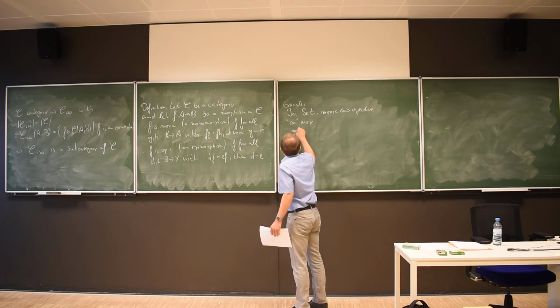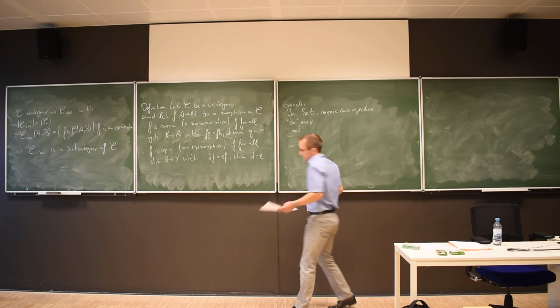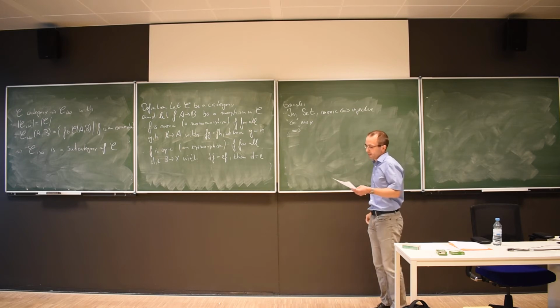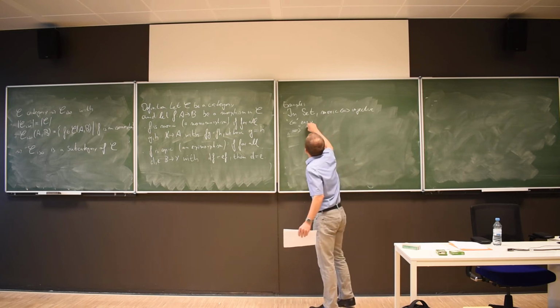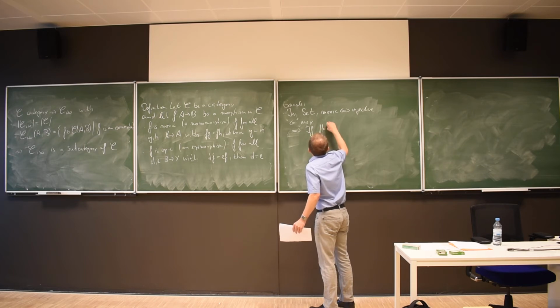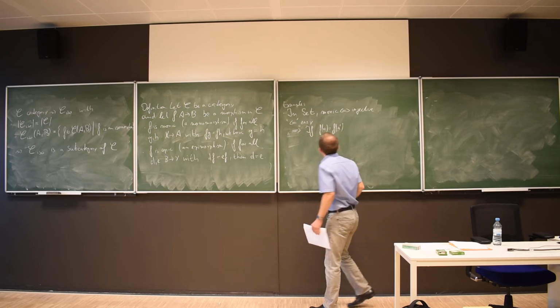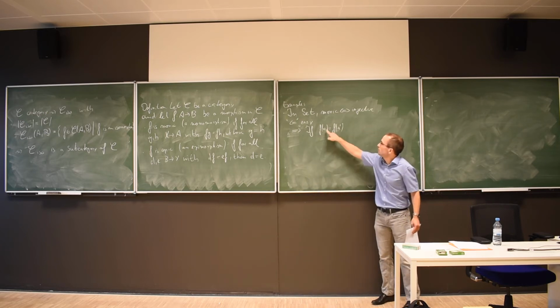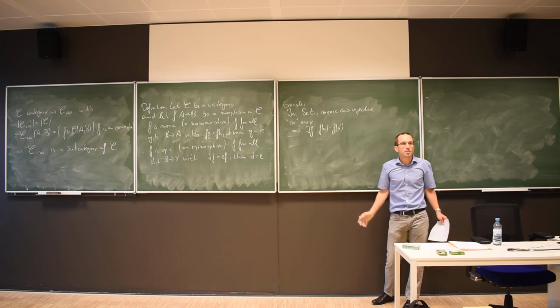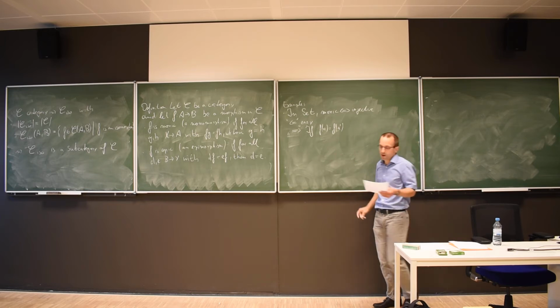And now let's look at the other implication. There we are faced with the following problem. If we have that F of A and F of A prime are equal for two possibly different elements of our set, then we have to show that these elements are in fact the same.